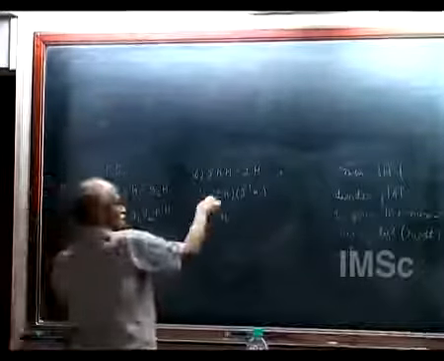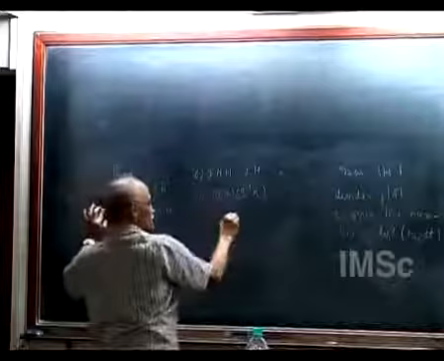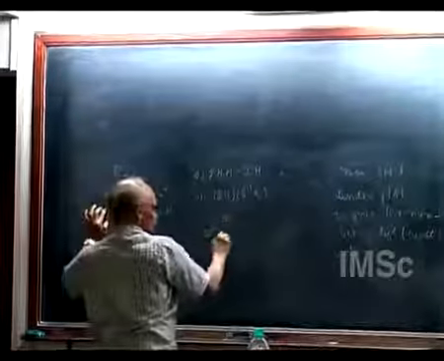Because I can pass this through and multiply here, so I get the identity.